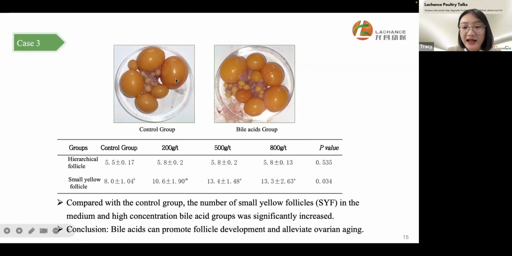The number of SYF were all increased. So the conclusion is that bile acids can promote follicle development and alleviate organ aging. So this is the conclusion of this experiment.